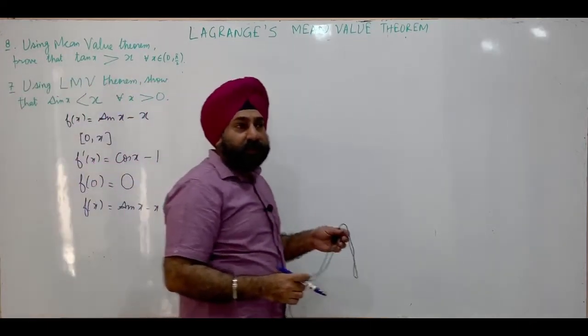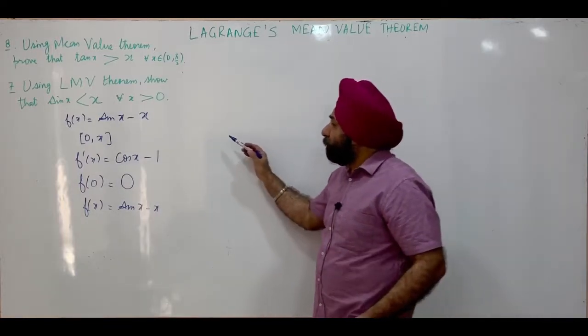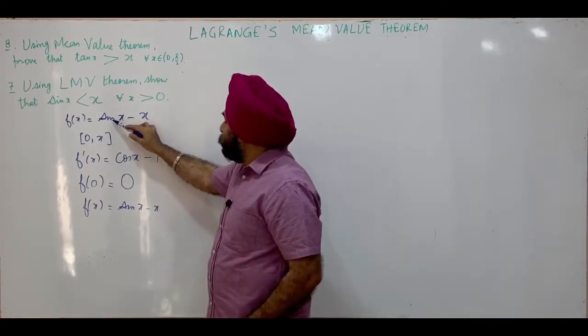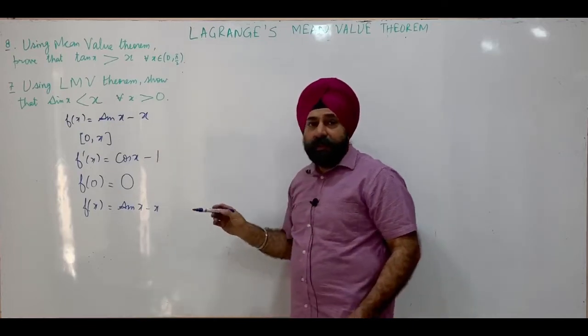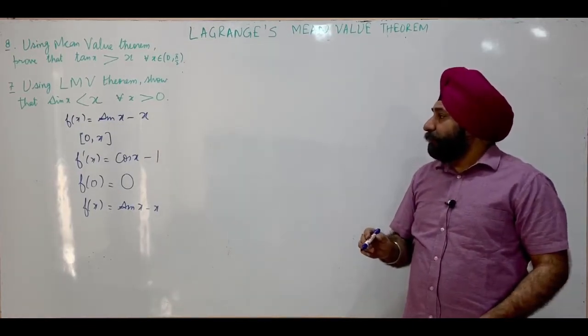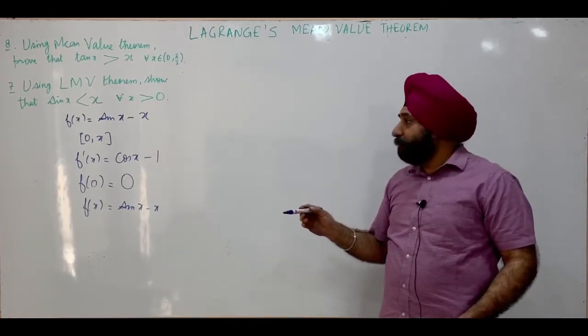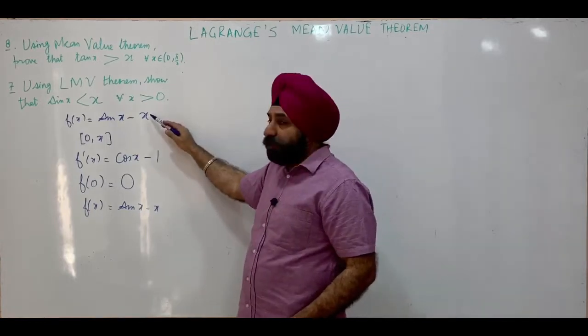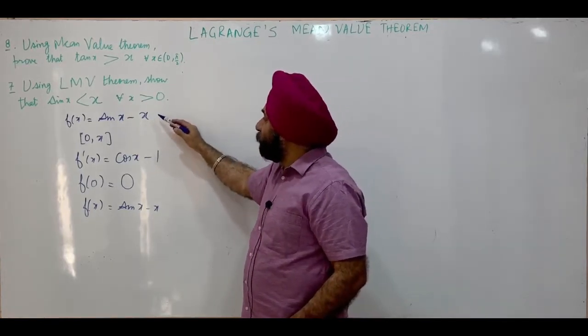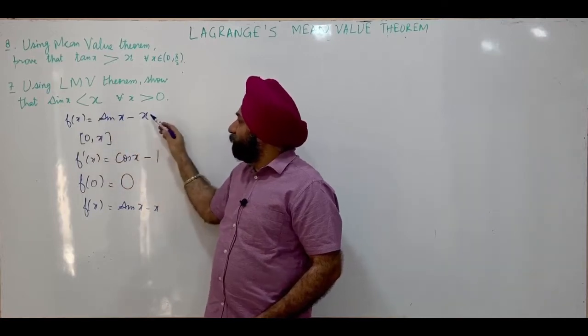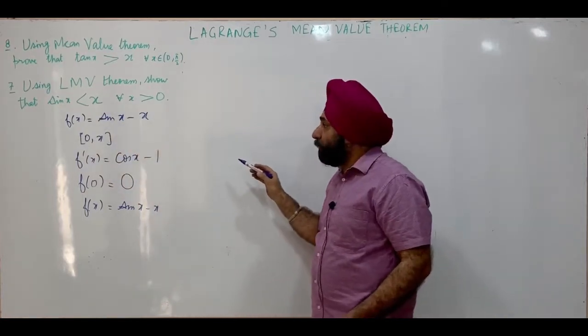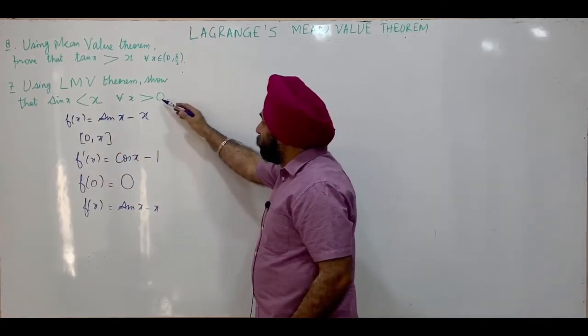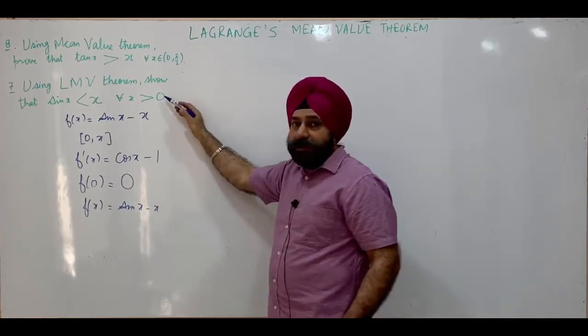Let us explain like this. F of x is the difference of two functions, sine x and x. What do we know about sine x? That it's a continuous function everywhere, and x is an identity function, this is also continuous everywhere. F of x being the difference of two continuous functions is continuous everywhere, in particular for the interval x greater than 0.